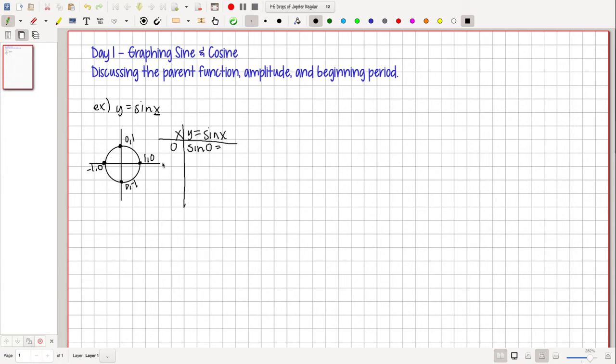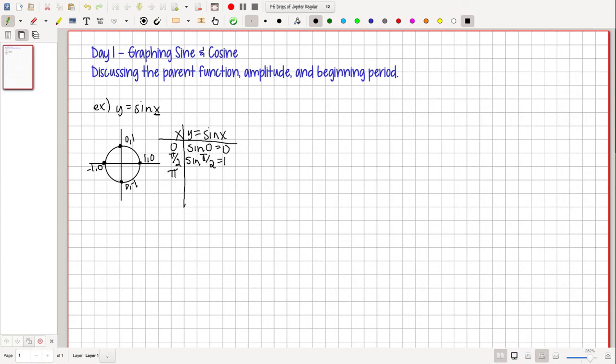Well, remember, these coordinates here give us our sine and our cosine. The sine expression is the y coordinate, so 0. So sine of 0 is 0. If I go around the circle, my next value is pi over 2. I want the y coordinate once again, so the sine of pi over 2 is 1.